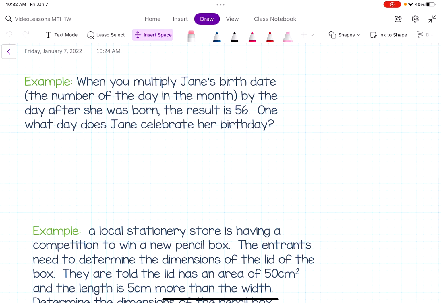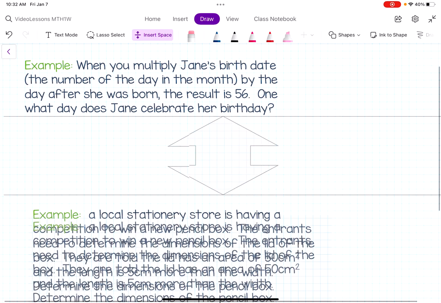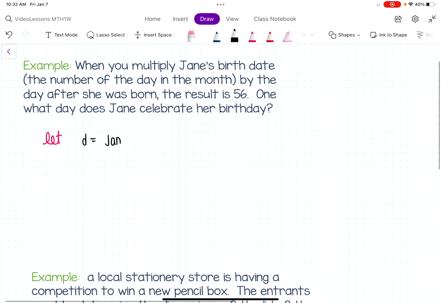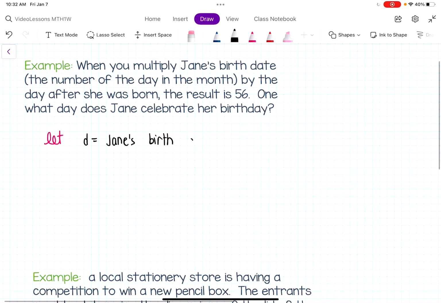So let's do this. All right, there we go. So we need to first have our let statements. That doesn't change. We always need to have something. So we're going to say let D equal Jane's birth date.